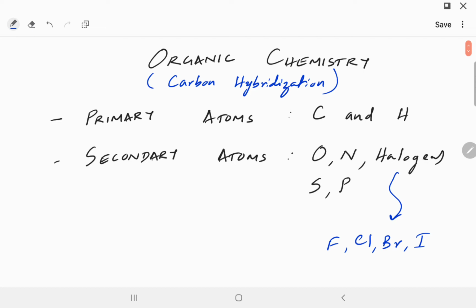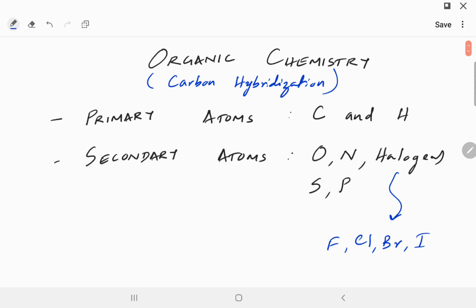And then sometimes you might also see certain atoms such as oxygen, which is very common in organic compounds, and nitrogen. These two are extremely common in organic compounds, and also halogens. Halogens are actually group 7A elements, so atoms like chlorine, bromine, fluorine and iodine are extremely common in organic compounds.